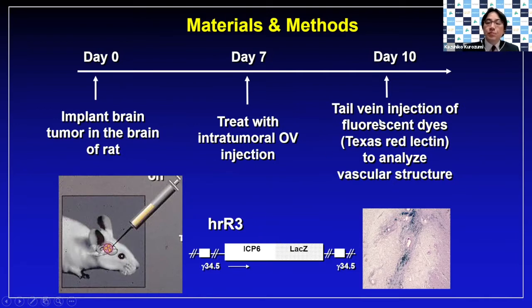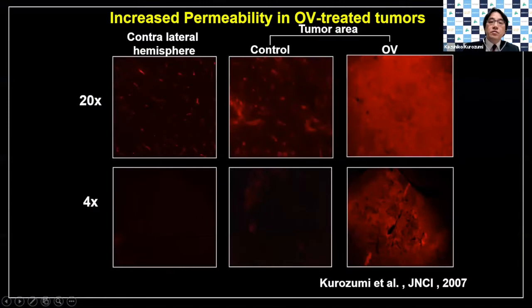Three days later, we injected fluorescent dyes by tail vein to analyze vascular structure. In the control, the tumor area shows weakness and fuzziness compared to the contralateral hemisphere. Instead, there was very high hyperpermeability in the oncolytic virus treatment.